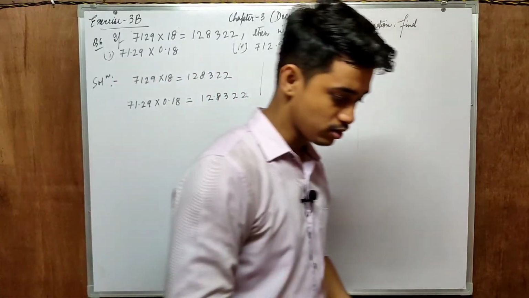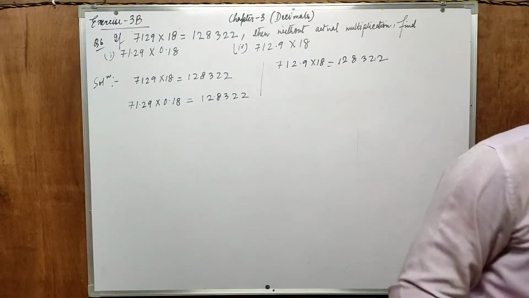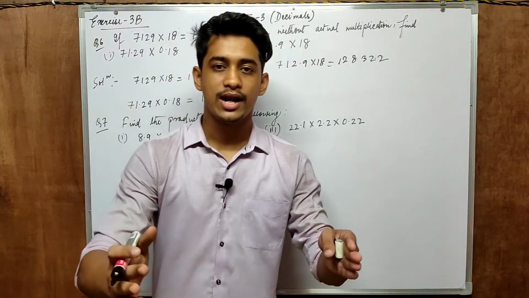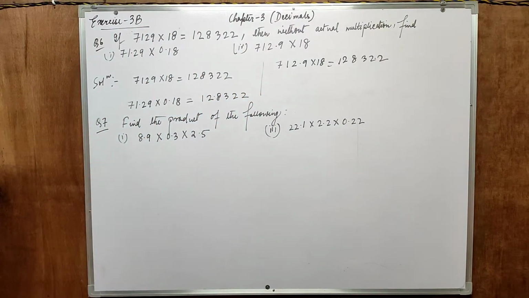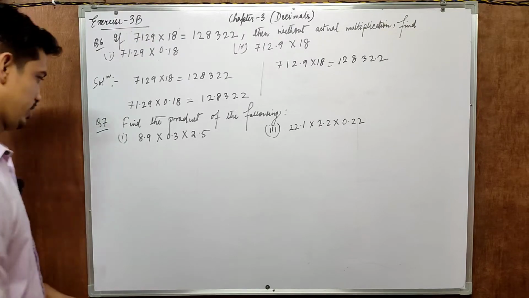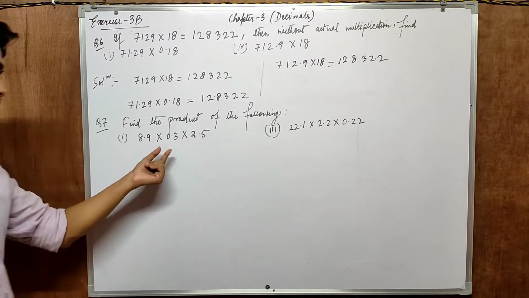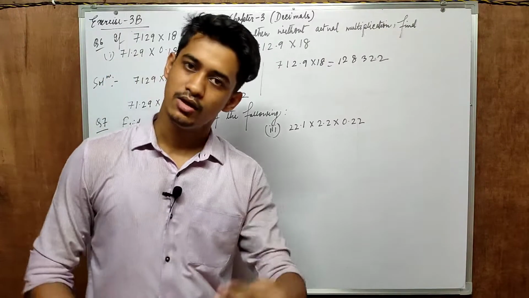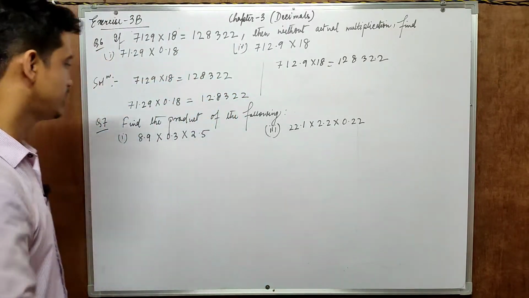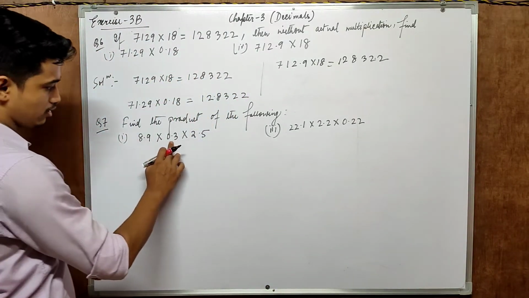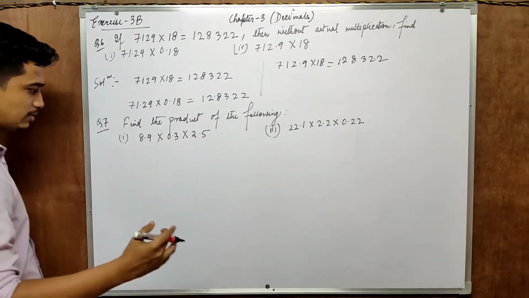So let's move on to question number 7. Alright, we are coming towards the end of this particular session, so the last question is there. Find the product of the following: 8.9, 0.3 and 2.5. First of all, we need to count the digits after the point. 1, 1 and 1, so collectively it will become 3.